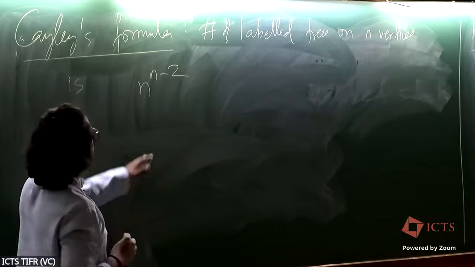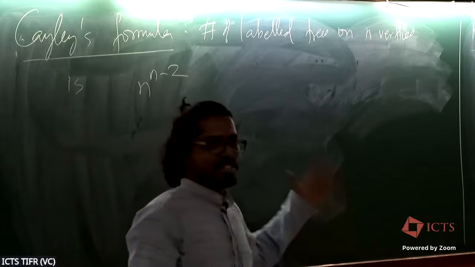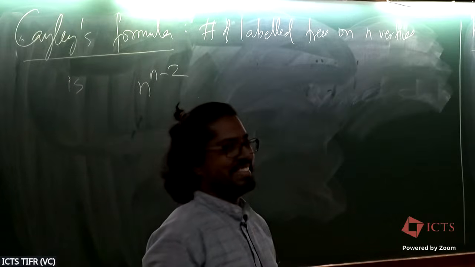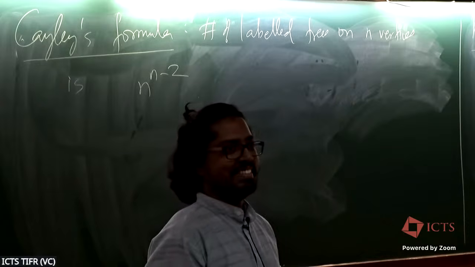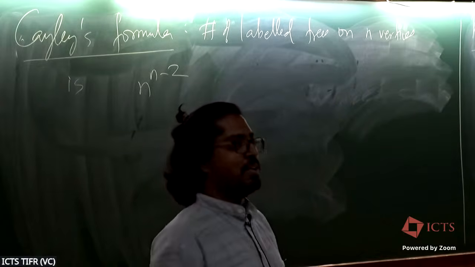Okay, n to the power n minus 2. Now already your combinatorial sixth sense should start tingling. What does n to the power n minus 2 count? Do you know some natural set that is counted by n to the power n minus 2?